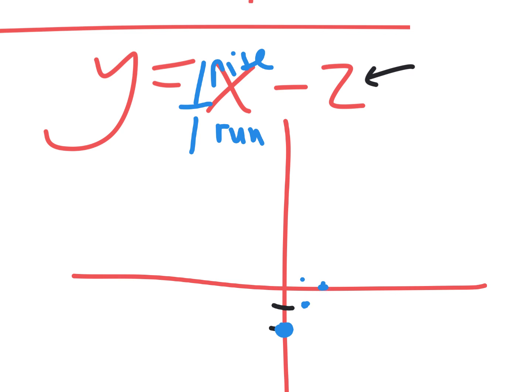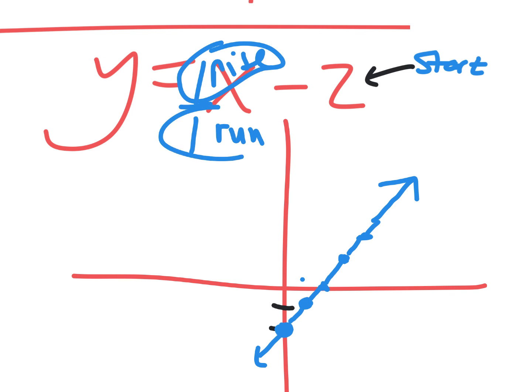Up 1, over 1. And look at how it makes a straight line. That's how you graph them. You start here. And then you rise, over you run.